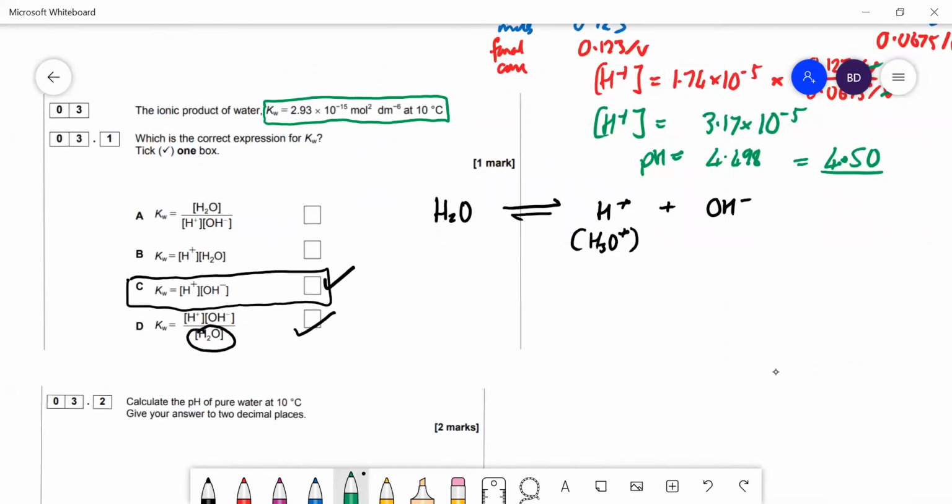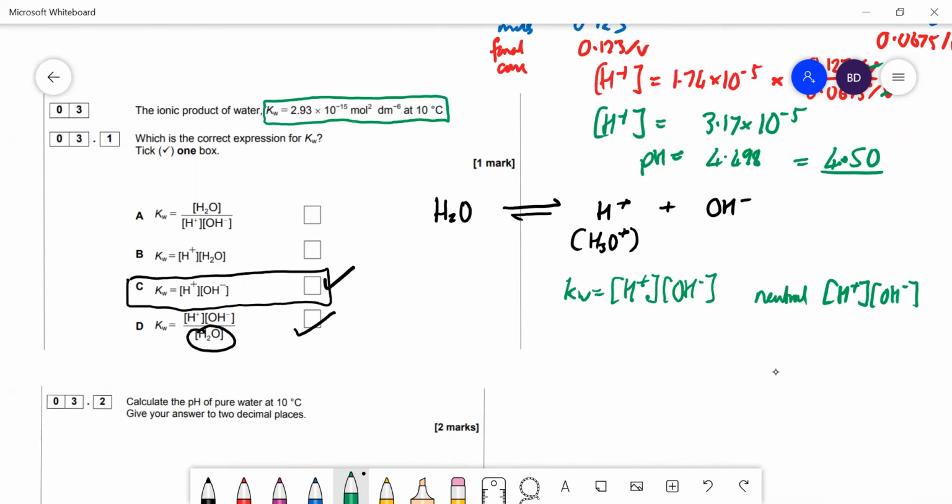So the way we do this is we're going to say that Kw is equal to H plus concentration times OH minus concentration. When it's neutral in pure water, nothing else has been added, so H plus concentration is equal to OH minus concentration.